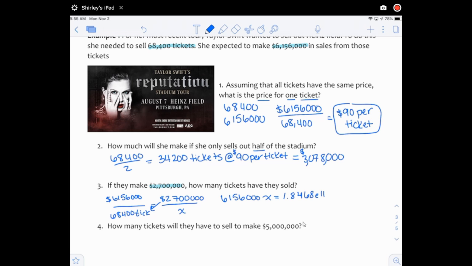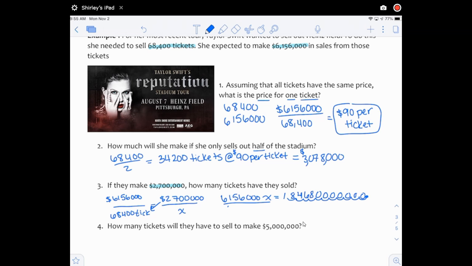If you're familiar with that, that means that now I just need to move my decimal place 11 places over. I'm going to go 1, 2, 3, 4, 5, 6, 7, 8, 9, 10, 11. Fill the rest in with zeros.